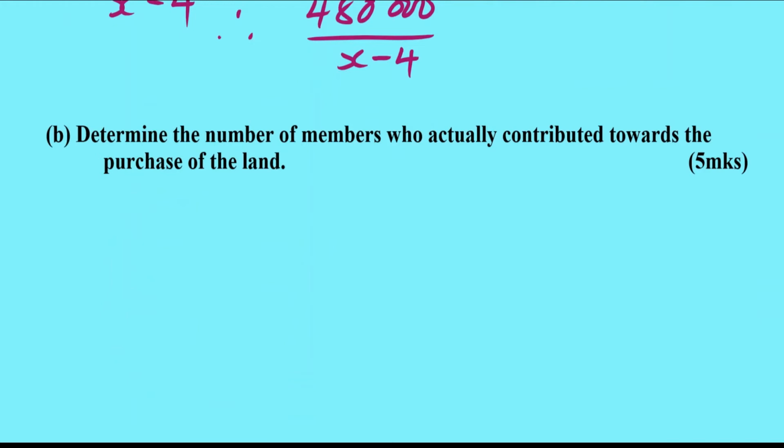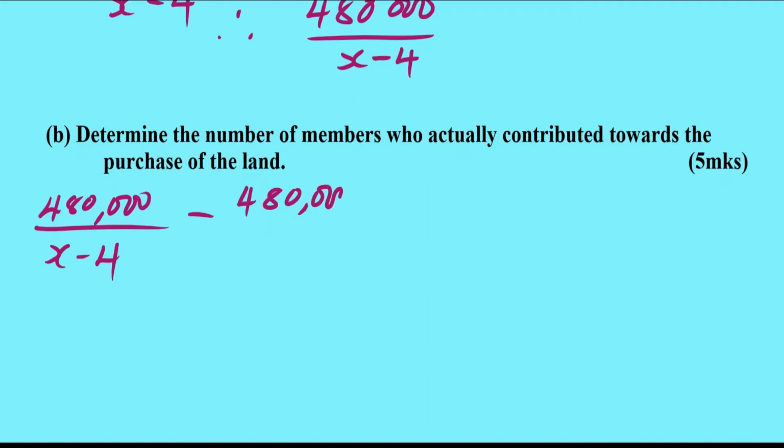So the second expression, 480,000 divided by X minus 4, represents the members who remained. We subtract the original contribution, that is 480,000 divided by X. This difference will give 20,000.